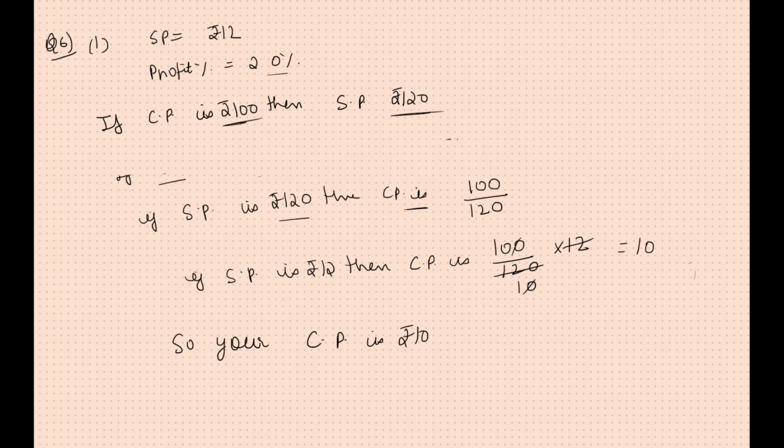If selling price is 120, then cost price is 100 upon 120. Okay. Now, if selling price is 12, then cost price will be 100 upon 120 into 12. So you will get the answer as 10. So the cost price is 10 rupees.